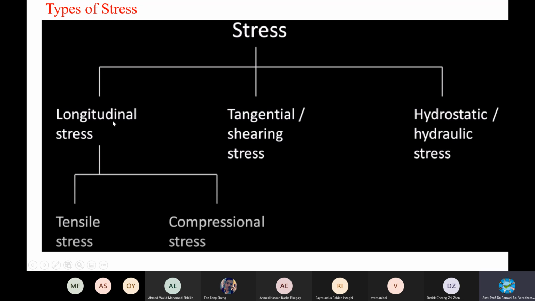And this one longitudinal. See, longitudinal means just change in length or reduction in length, right? Longitudinal stress, right? And this longitudinal change in length, reduction or elongation, will be by tensile. Tensile normally elongation. Compression will be reduction in length.